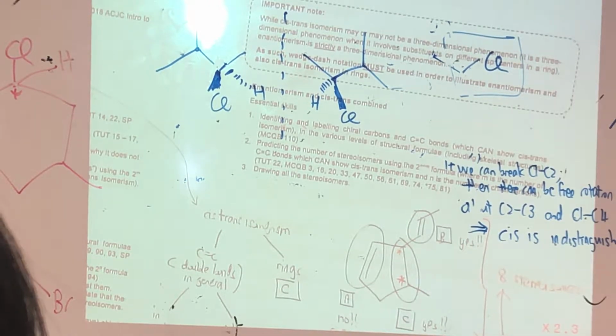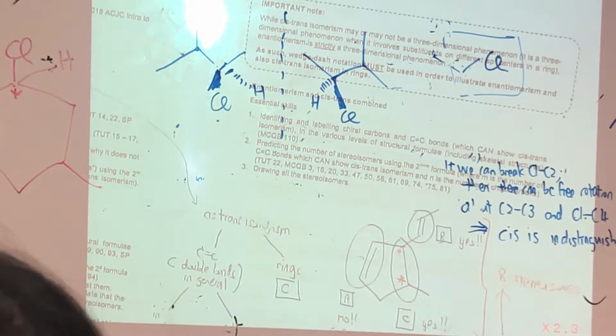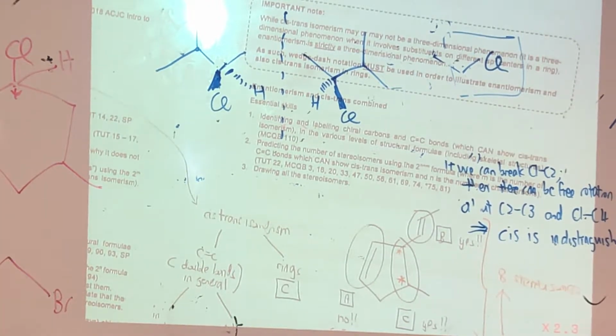I just need to choose any two groups on the chiral carbon and swap. Not flip, swap. I swap the green and the white, and do you realize that from the same just now I end up as enantiomers. That's another method. How do we know which one to choose? You can choose any two.